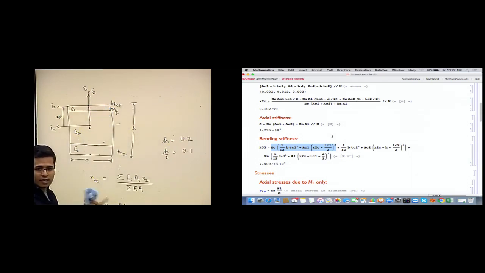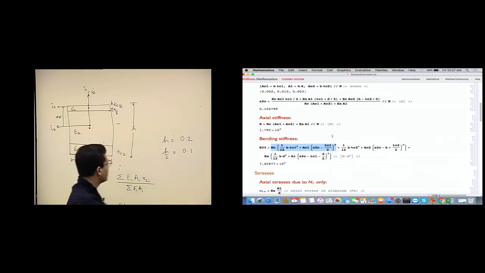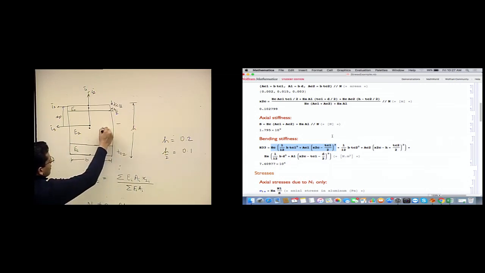That is because we are calculating H33. If we are calculating H22, the distances you would take would be parallel to I3, perpendicular to I2, right? These distances are not absolute distances. The centroid could be here, but still you would take the distance which is parallel to I2 for H33 calculations, right? You won't take the absolute distance.